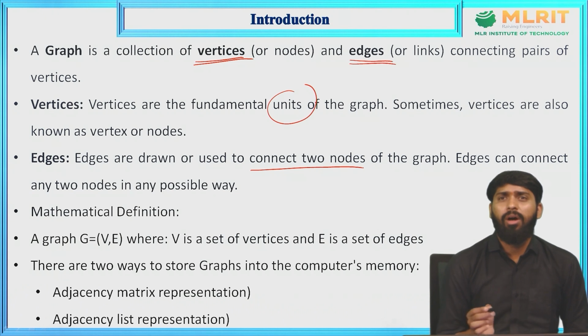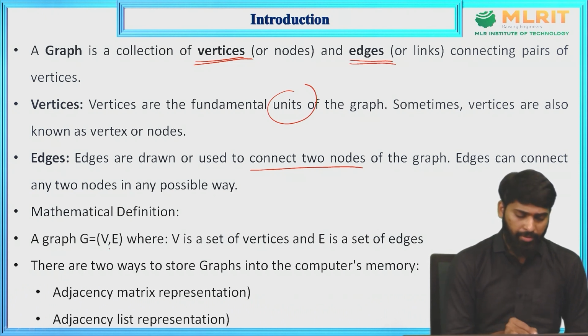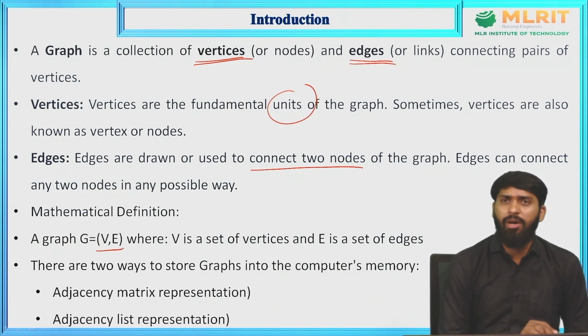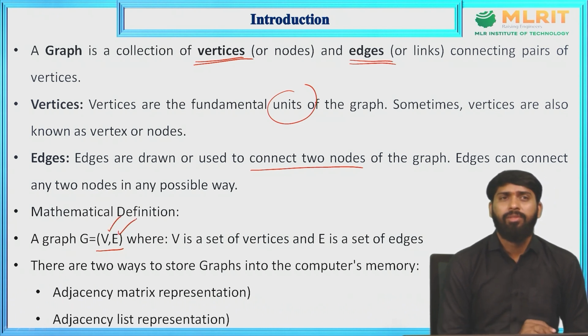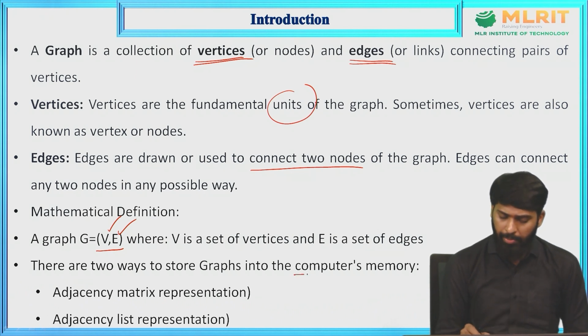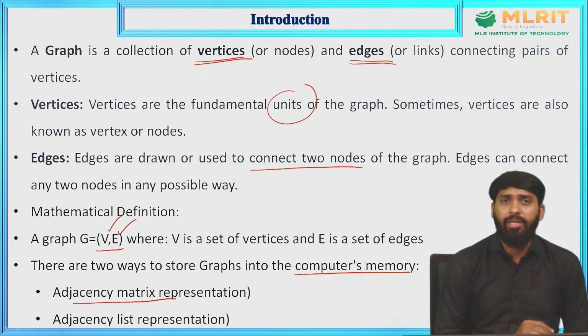Now how we represent the graph: G equals V comma E, where G means graph, V is vertices, and E is edges. There are two ways to store graphs in computer memory. One is by using an adjacency matrix, another one is an adjacency list.